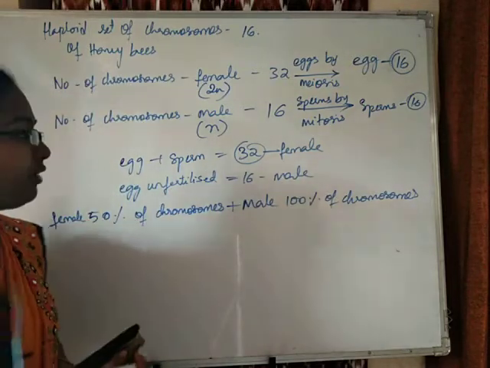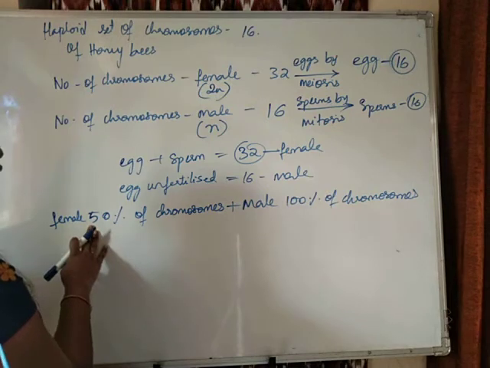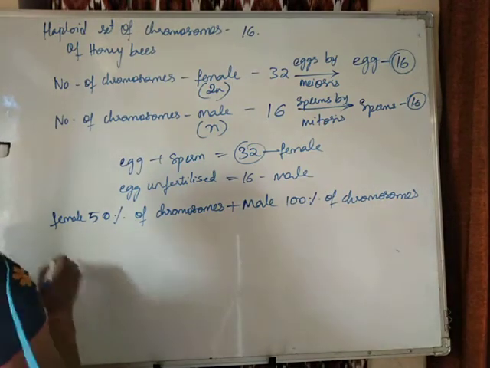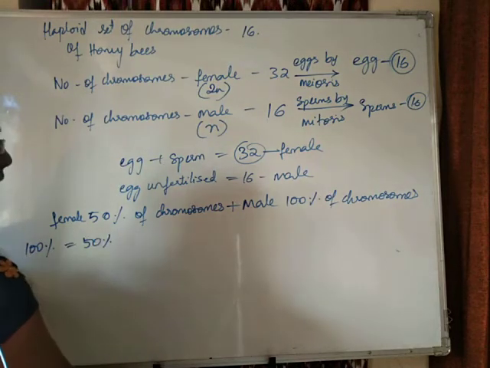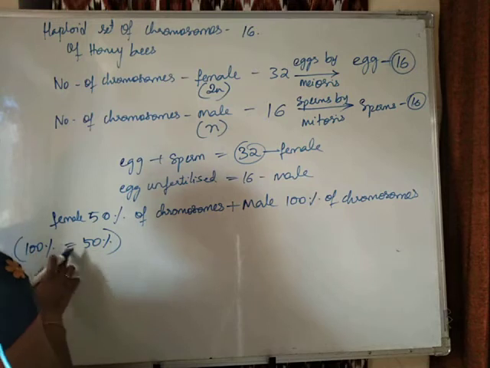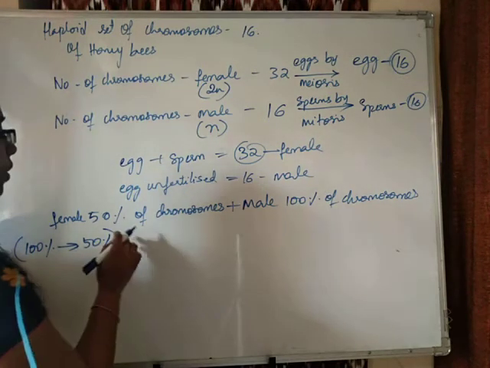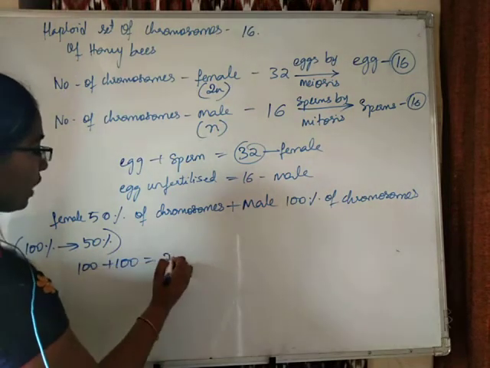So, out of a possible 100%, females are giving only 50%. With 100 plus 100 possible, it is 200%.